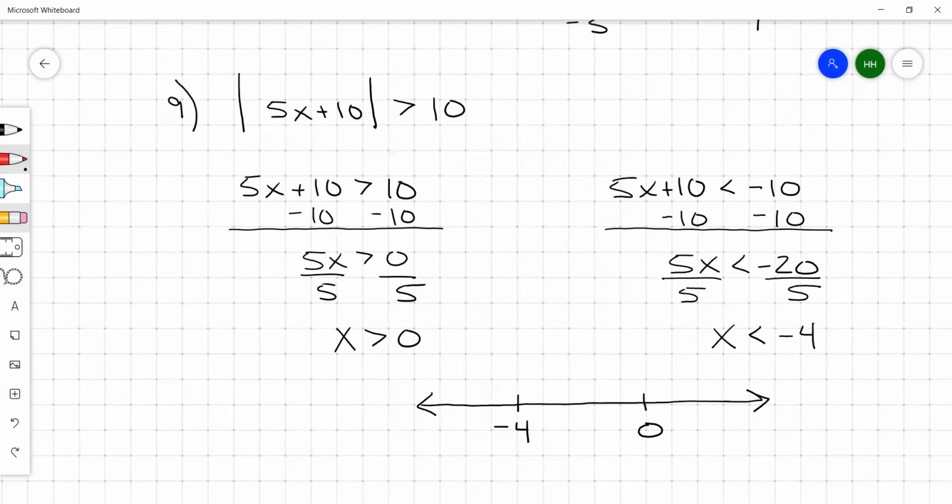We are greater than 0, so we're open. We are less than the negative 4, so we're open again.